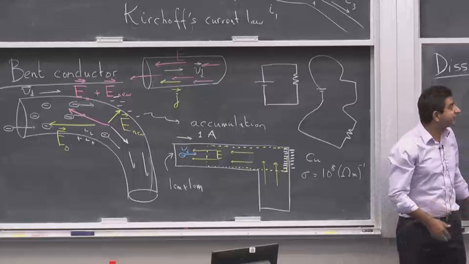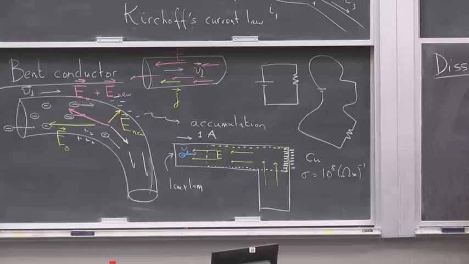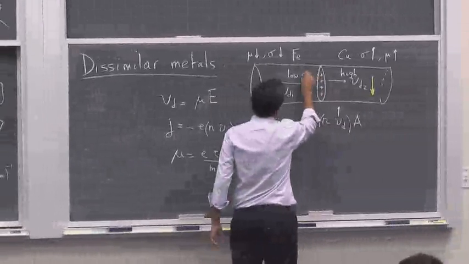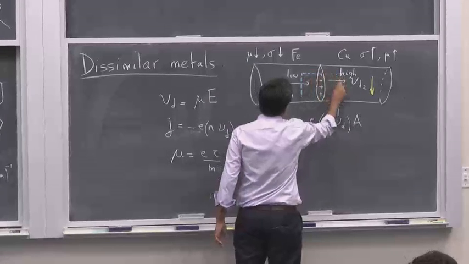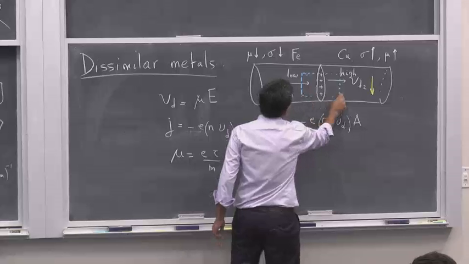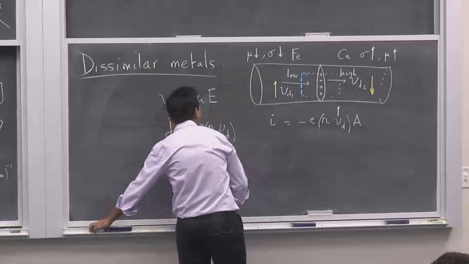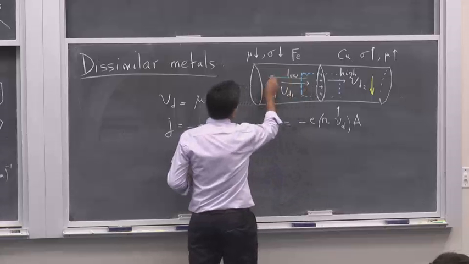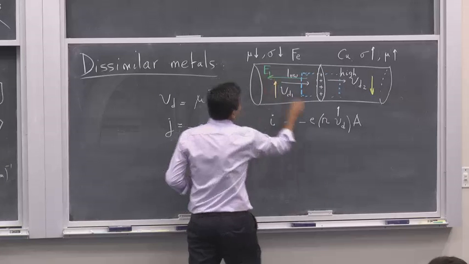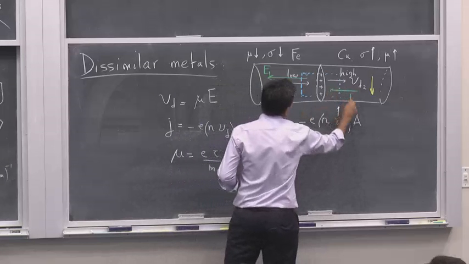Now the question is, will these electric fields be the same? No, they will not be the same. If I were to make a Gaussian surface through this medium, then the electric field here is pointing in this direction, it's E1. The electric field here is pointing in this direction, it's E2.